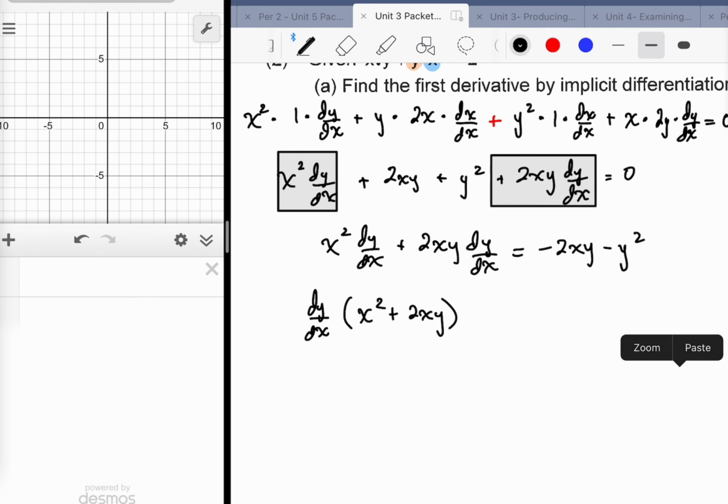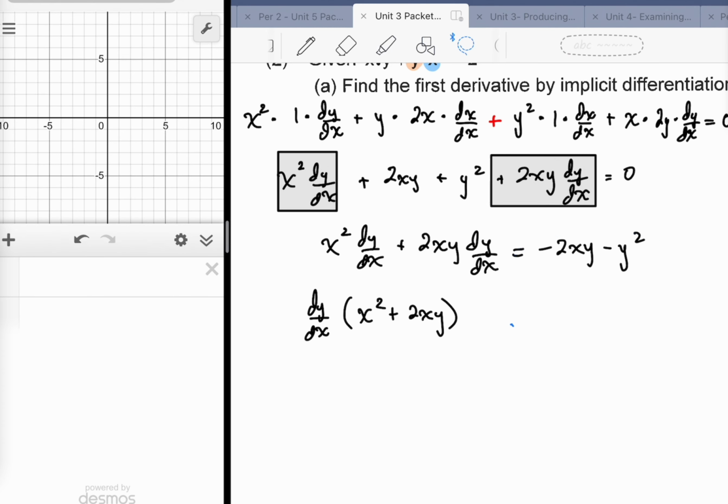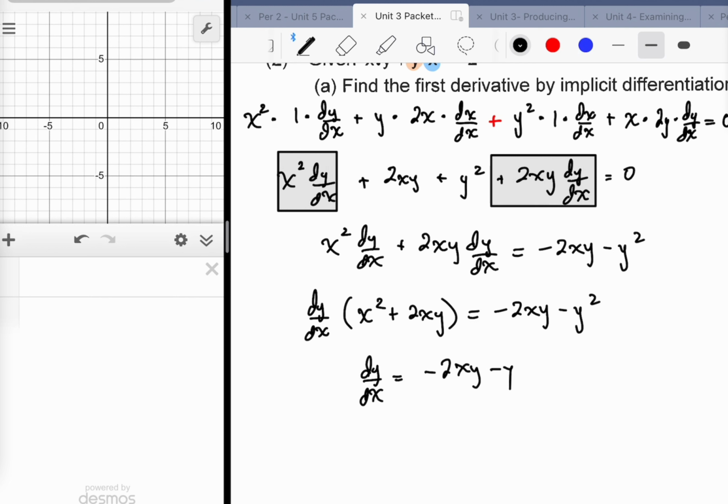Whenever you have multiple dy/dx's, you're going to have to use this approach, the idea of consolidating and then factoring. But then to get dy/dx alone, it's dy/dx times this binomial. All right, so divide by that binomial. And you'll get dy/dx is equal to negative 2xy minus y squared all over x squared plus 2xy.